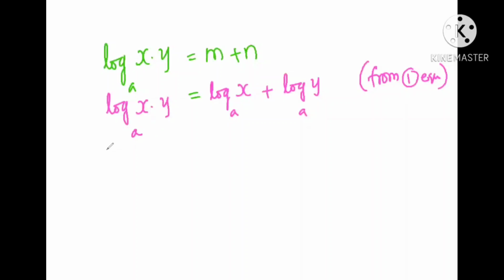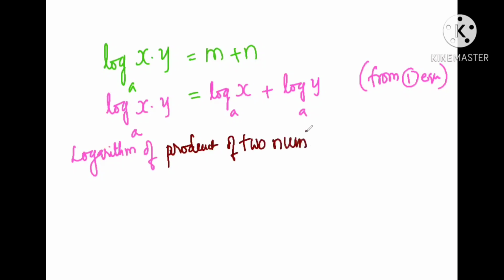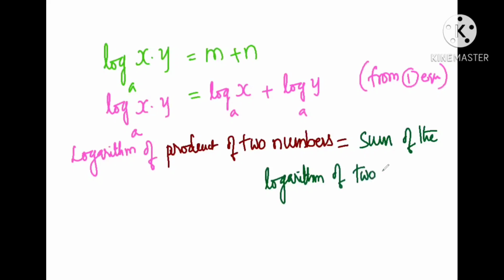So we can conclude that the logarithm of the product of two numbers is equal to the sum of the logarithms of the two numbers.